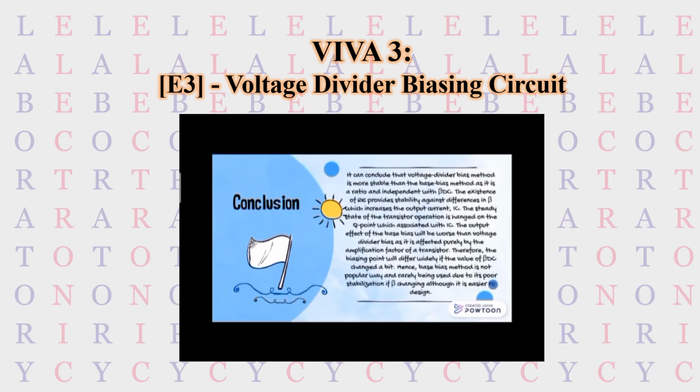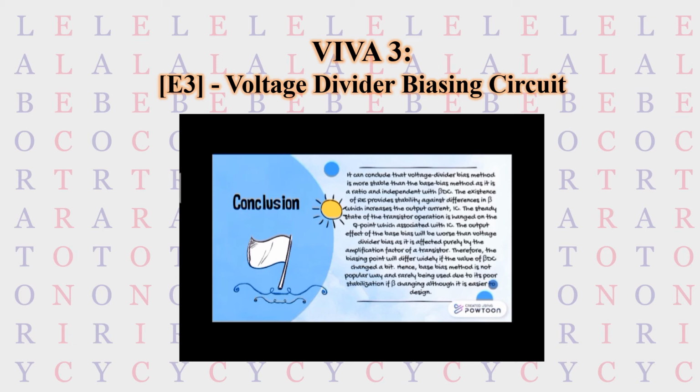In conclusion, the voltage divider bias method is more stable than the base bias method as it is a ratio and independent of the beta DC. The existence of RE provides stability against differences in beta, which increases the output current IC. The steady state of the transistor operation depends on the Q point, which is associated with IC.